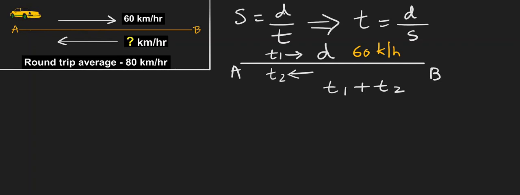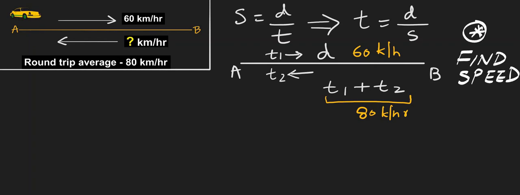And the average speed for the total distance from A to B and back from B to A is 80 kilometers per hour. And we have to find out the speed that the car should travel from B to A. So the average speed for the entire round trip is 80 kilometers per hour.